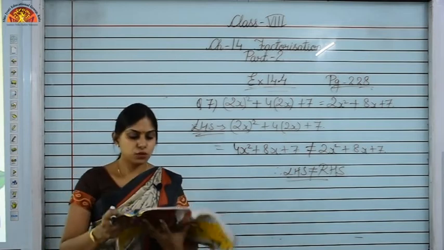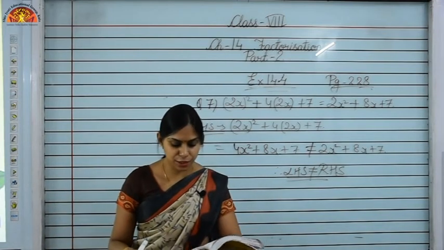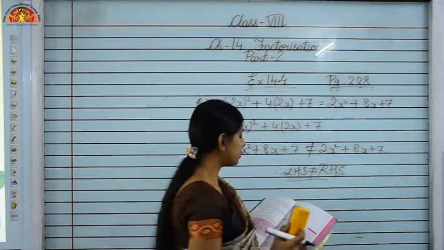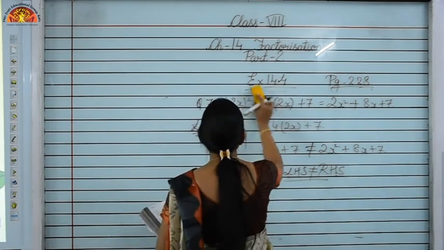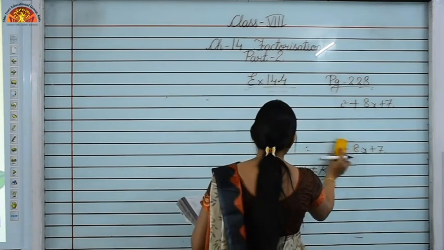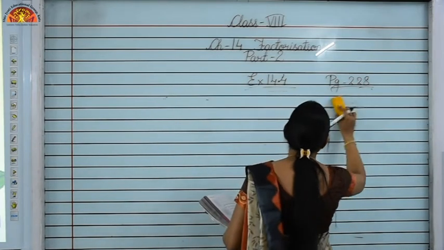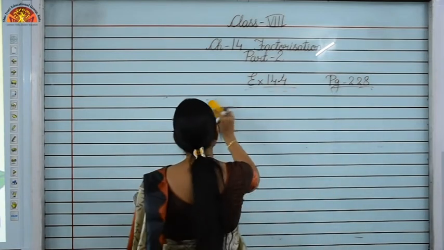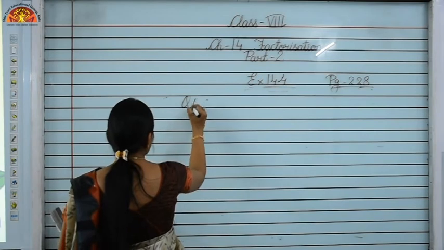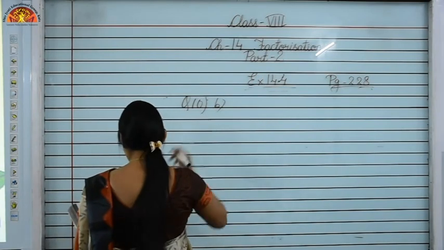Now children, you have to find the value of the expression, okay? So the value given is x is equal to minus 3. So whatever the expression is given to you, you have to substitute the value of x and then find the value of the expression. Now just see, it's question number 10, we will solve the B part. Question 10, B part.